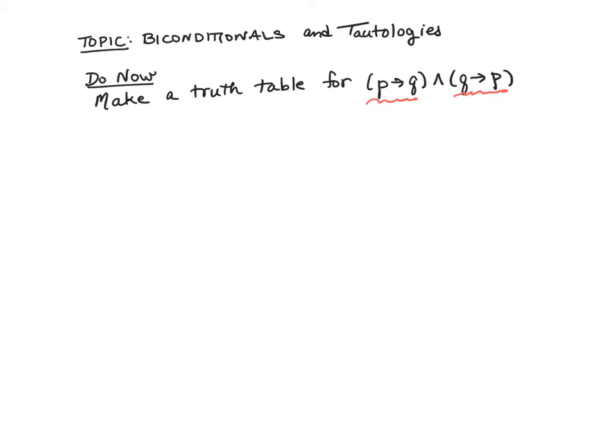Okay, so to make this truth table, we start with a P and a Q, and we'll look at if P then Q, then its converse, and then finally we put those last two columns together and look at the truth values to get the truth values of the conjunction of the conditional and its converse.